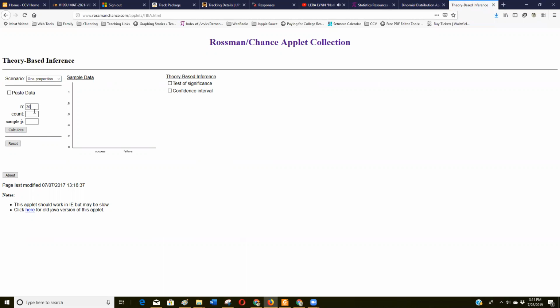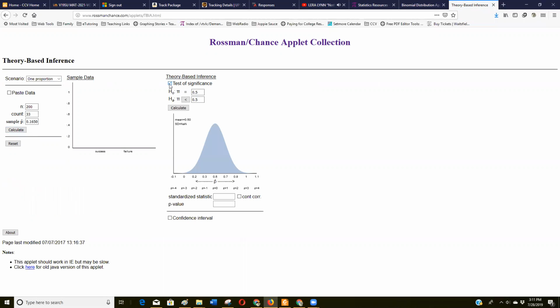I've got 200 people, and 33 that didn't like the juice. I'm going to do a significance test. The claim was 0.2. Actually, maybe we'll make it less than. There we go. So I'm getting my z-score, and there's my p-value.